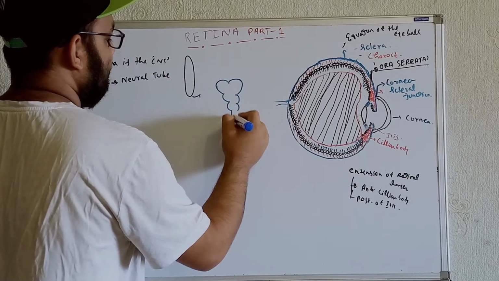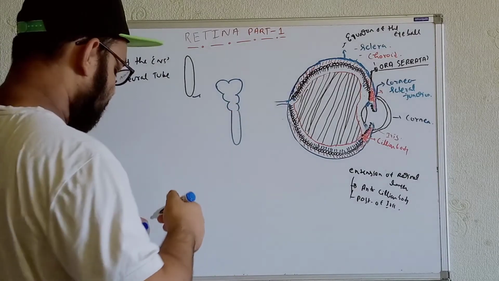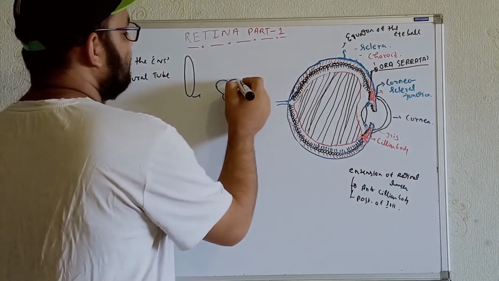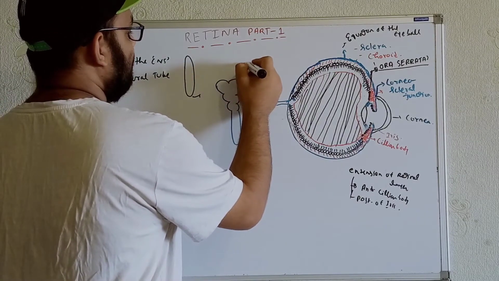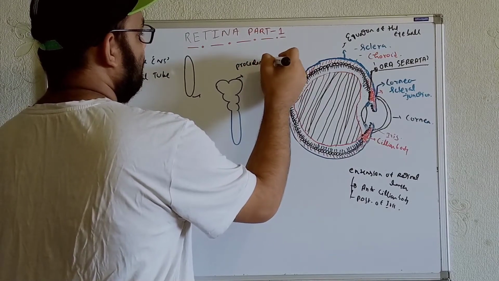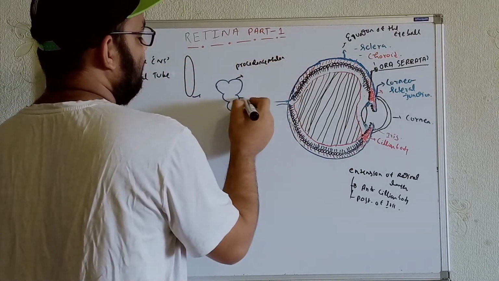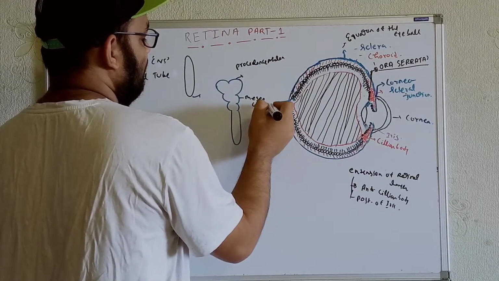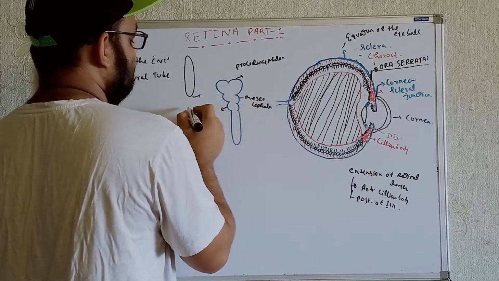In the development of the brain, this part is known as the prosencephalon, the forebrain; this is the midbrain, the mesencephalon; and the hindbrain is known as the rhombencephalon.